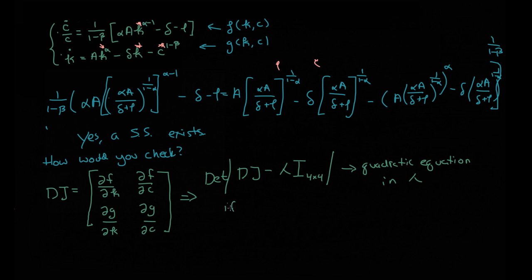So the first case is if all lambda are less than 0, then the system is totally stable. If 1 lambda is greater than 0, then the system will be saddle point stable. And this is usually what the Ramsey model is.